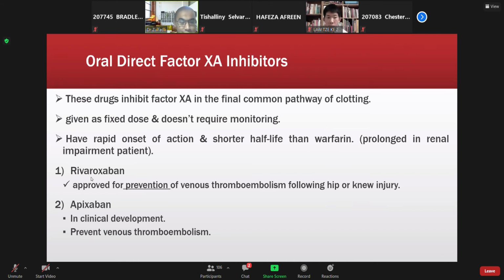Example, rivaroxaban, to prevent venous thromboembolism following hip or knee surgery. Apixaban is still under clinical development to prevent venous thromboembolism. So you get familiar with the rivaroxaban.